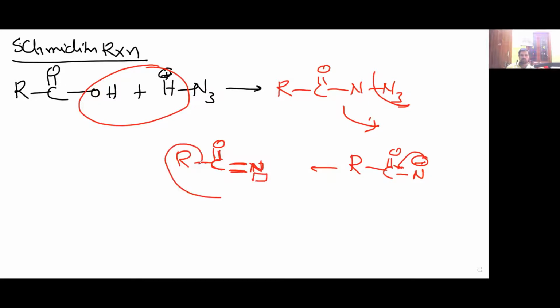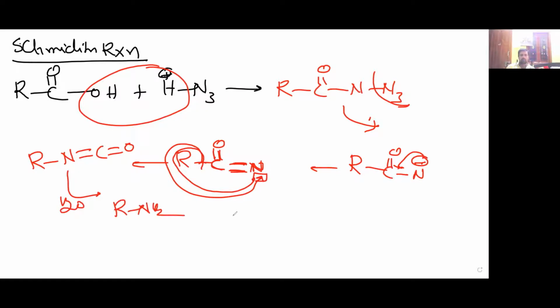One empty box is there. Again it is migrated like this. Then you are going to get R. This happened in the Hofmann bromamide also. R-N double bond C double bond O, alkyl isocyanate. As usual, on hydrolysis you are going to get primary amine. Okay, so this is called what reaction? Schmidt reaction. I hope you can understand.